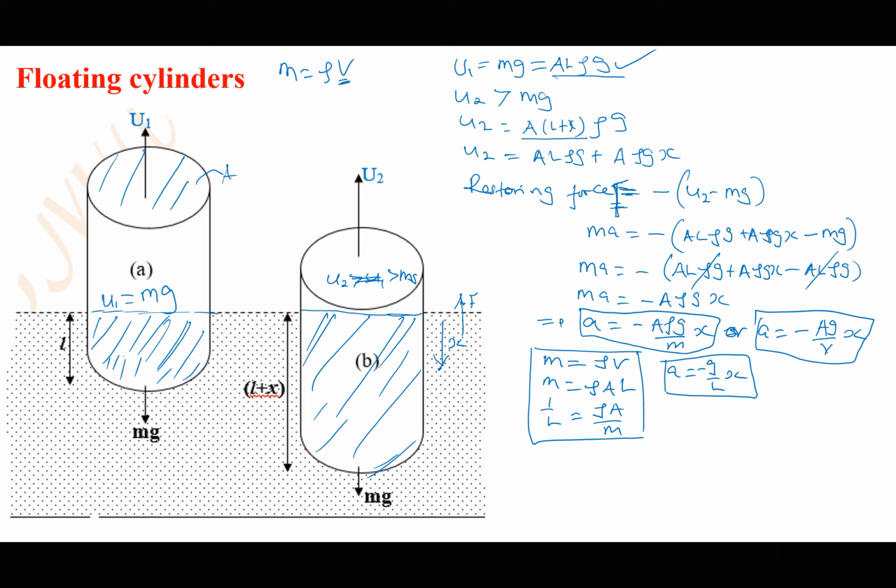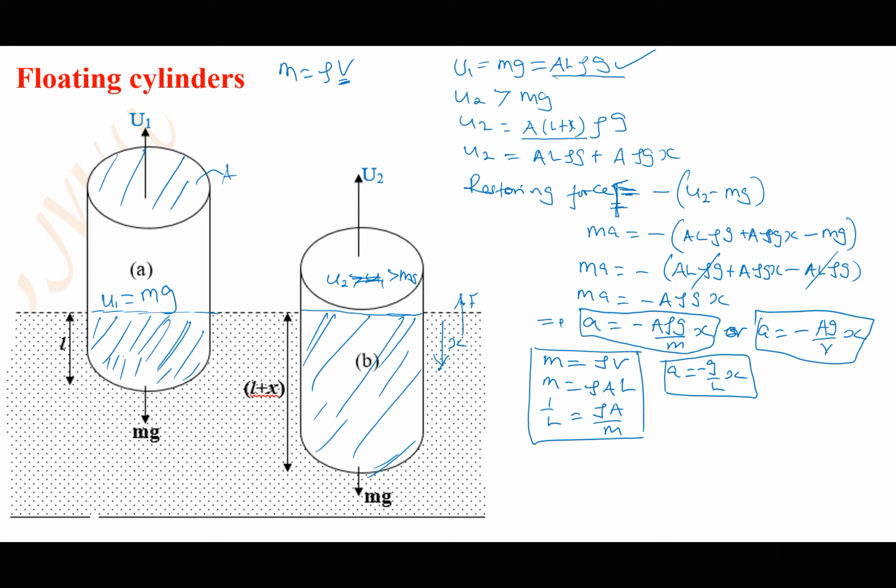The cross-sectional area of the cylinder is constant, the density of the liquid is constant, g is constant, the mass is constant. So A rho g over m is a constant, which means acceleration is directly proportional to displacement. There is a minus, hence that is simple harmonic motion.